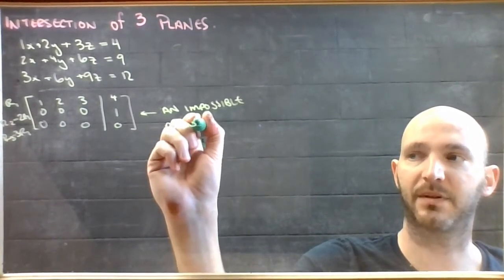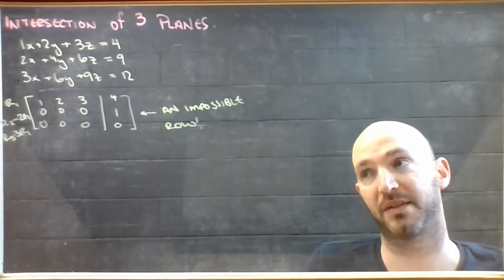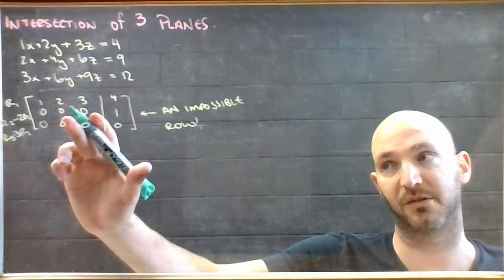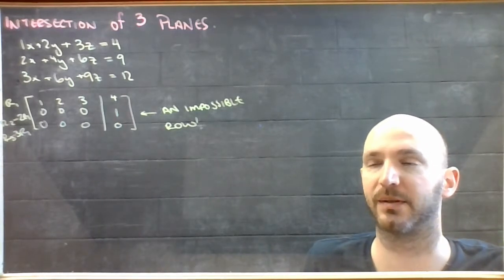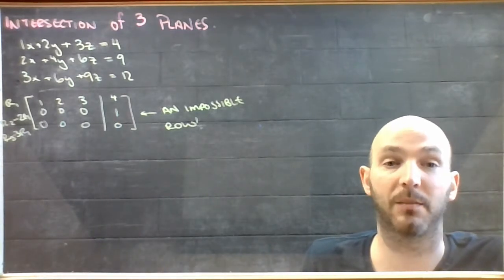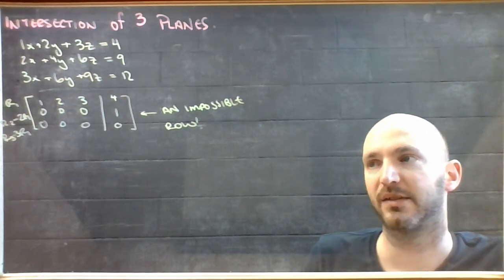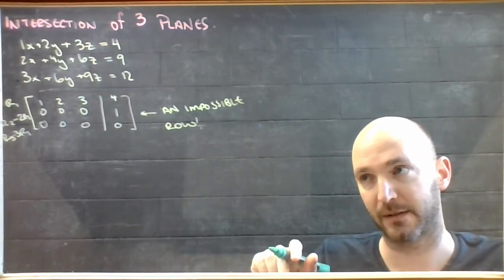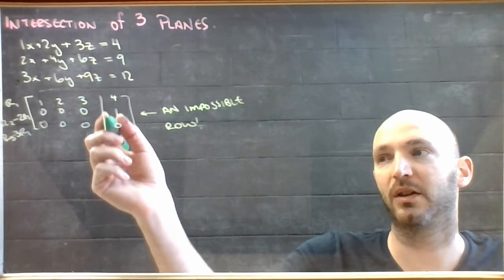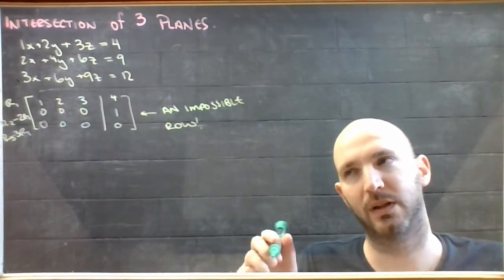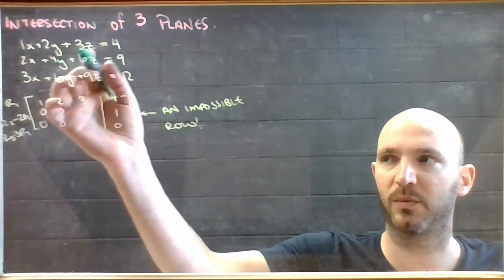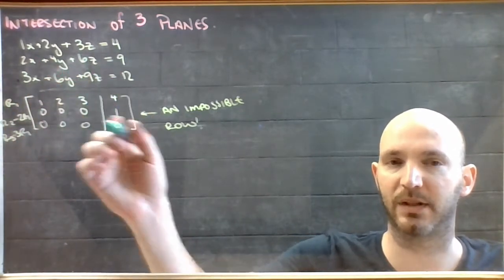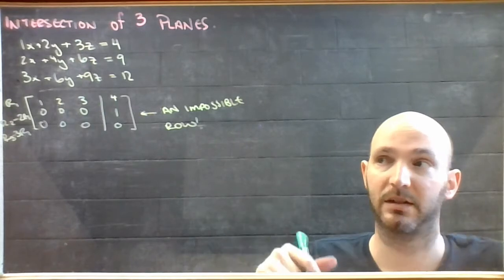And if that happens to you, that you've generated an impossible row where 0 x's and 0 y's and 0 z's are supposed to add up to any non-zero number, then you've determined that they don't intersect. So in this particular case, you have to do a little thinking to figure out how they intersect. If their normals are all the same, but they don't intersect, they must be parallel.